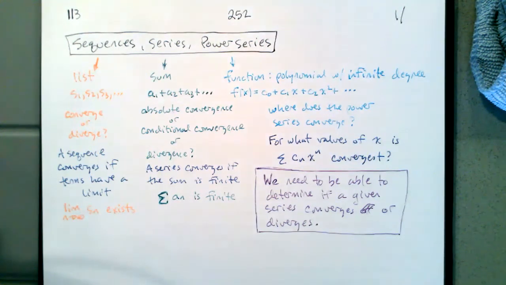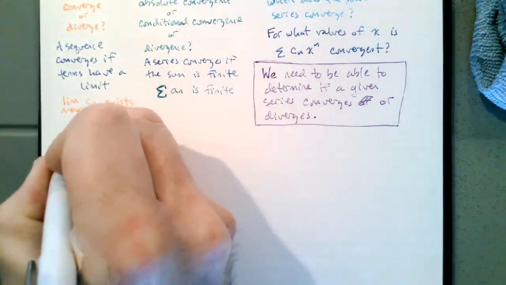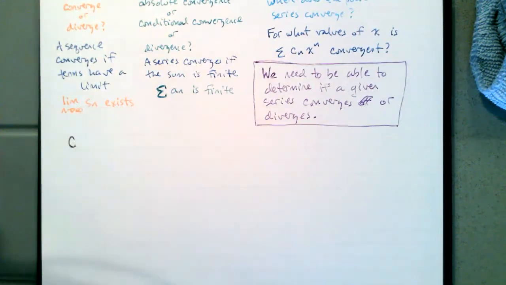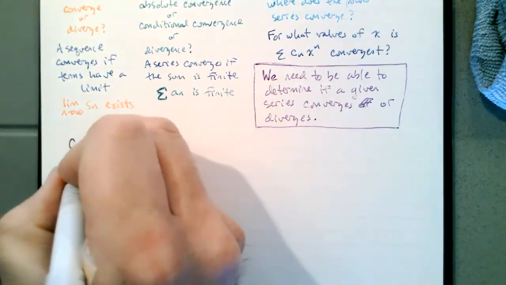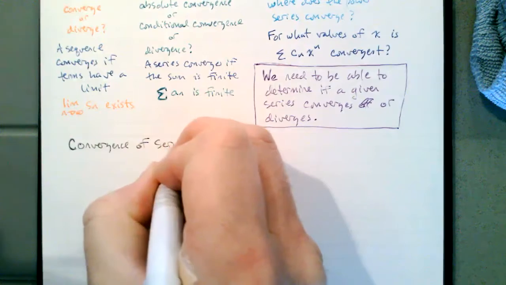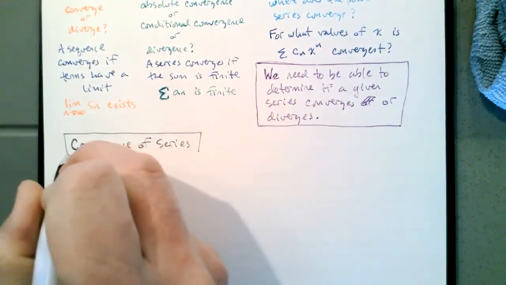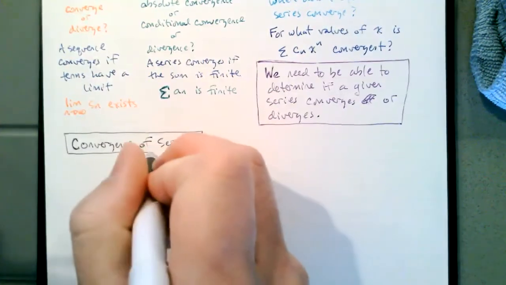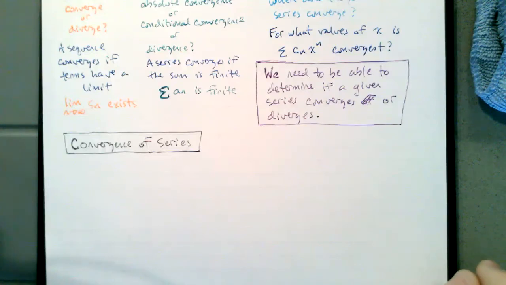Okay, so let's talk about determining whether a given series converges or diverges. So the game we want to play is that I give you a series and you determine if it converges or diverges.